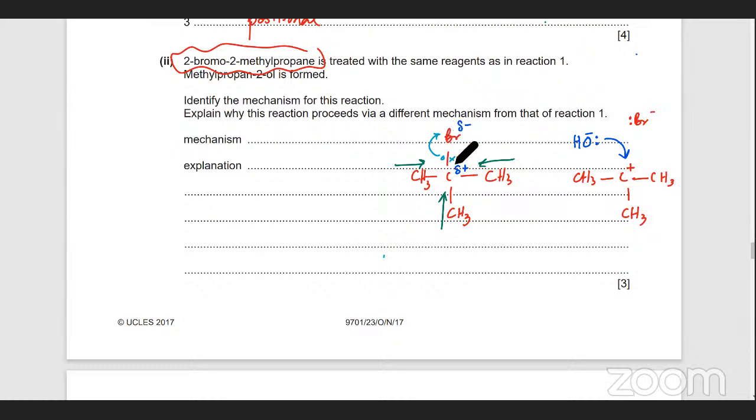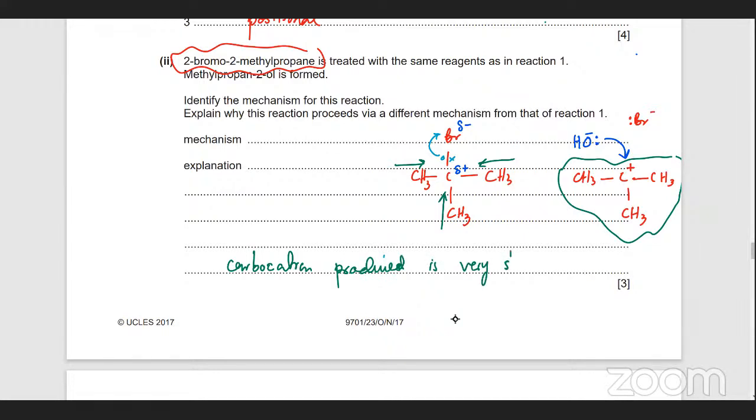और अगर Br electron लेके चला भी जाएगा तब इसके ऊपर the positive charge is not going to be very strong. So the reason is it's the stable carbocation. ठीक है, explanation क्या होगी कि carbocation produced, you can draw this carbocation is very stable. उनका बता दो कि it has 3 alkyl chains which have electron donating effect. ये बात clear है सारों को?